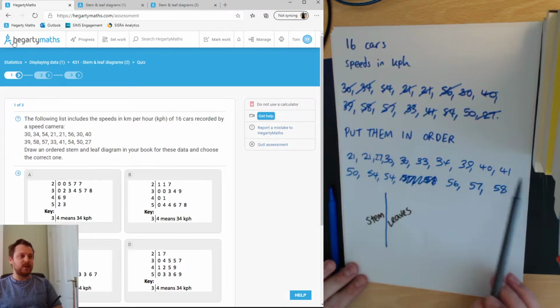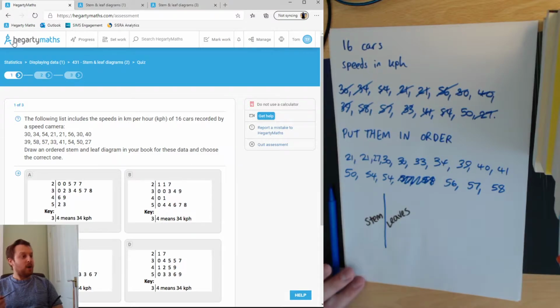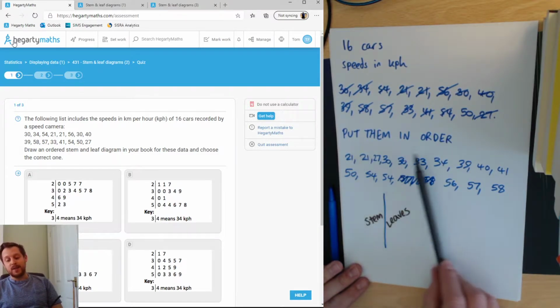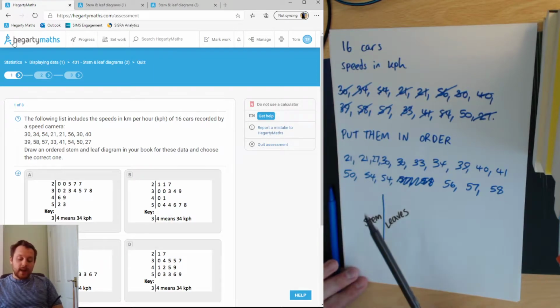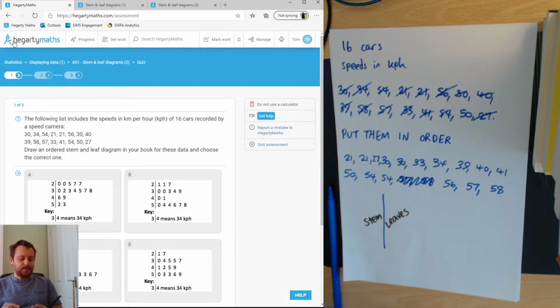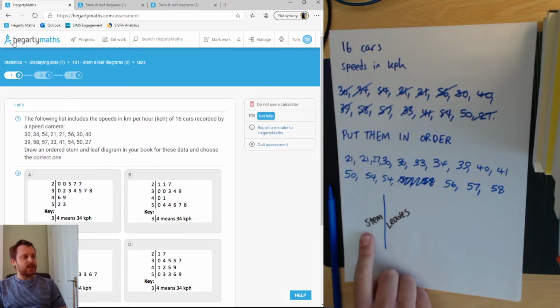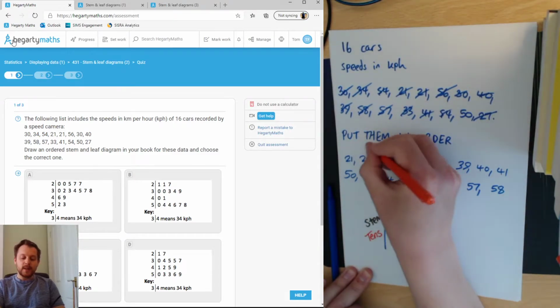If I asked you what the most significant digit is for all of these numbers, I'm hopeful you would answer the tens, because the tens digit is more significant than the units. All of these numbers are in the tens, and even if most of them were, we would pick the tens to be the stem. So I'm going to pick the stem to be the tens.